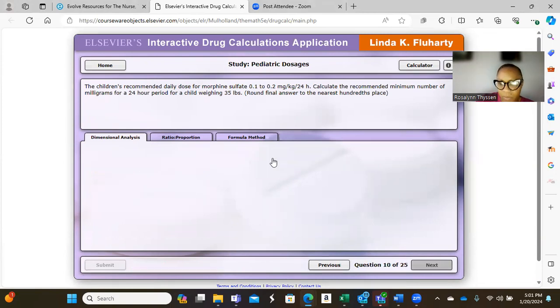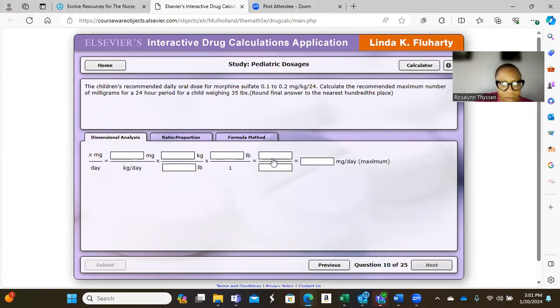You know what? Let's see if we can do the maximum next. All right, so this is the same question, but it's asking about the maximum. So I know I'm looking at 0.2 milligrams per kilogram per day. Throw my conversion in there. 1 kilogram is 2.2 pounds times the 35 pounds that I need.